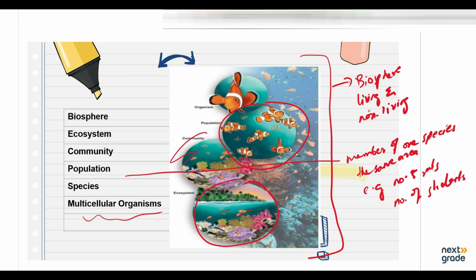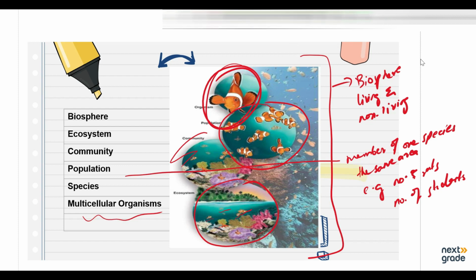A multicellular organism is an individual that is composed of many cells, like a human or a fish, which are composed of so many cells. So this is what a multicellular organism is, right?